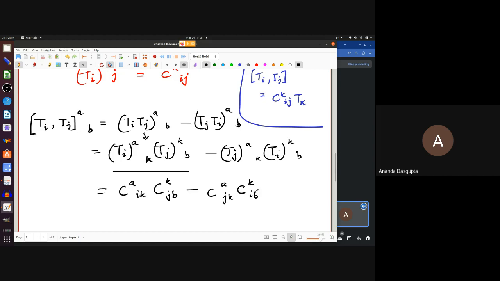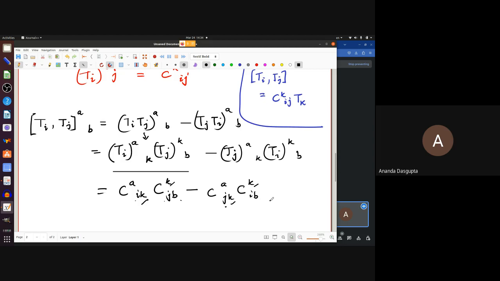What would the next step be? Can anybody suggest that? Let me just point out one thing. K is a dummy index here, right? So downstairs, we have three indices I, J, B. Here you have I, J, B. Here you have J, I, B. That should give you a good enough hint as to what to do next. What should your next step be?